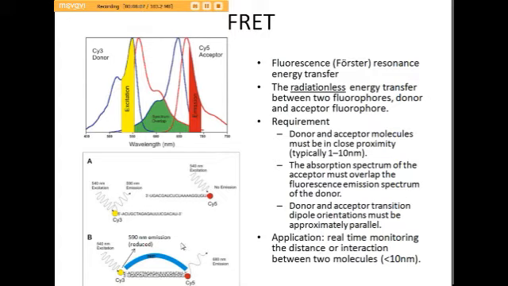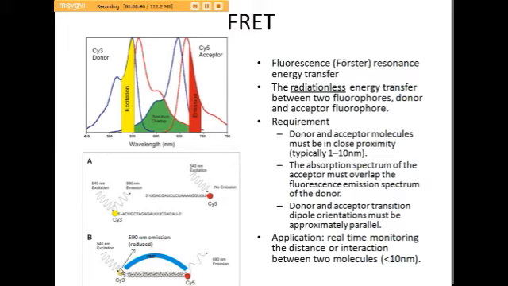However, after conditions that induce hybridization between these two oligonucleotides, you can see the two oligonucleotides will form a duplex. This duplex formation will bring Cy3 and Cy5 to a very close distance, less than 10 nanometers. So there could be FRET between Cy3 and Cy5. Now, if we shine 540 nanometer light, again Cy3 will be excited to generate 590 nanometer emission.